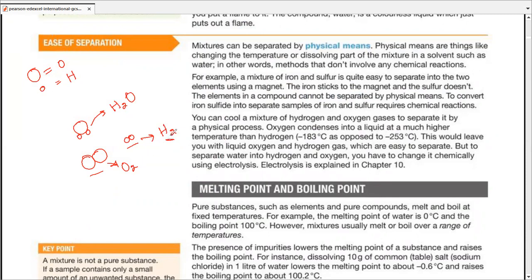Hydrogen is a flammable gas. It catches fire easily, and it actually explodes quickly with a big, loud sound. Oxygen, on the other hand, is a gas that helps with combustion, that helps with burning. Without oxygen, we cannot burn something. Oxygen is the reason why everything burns.